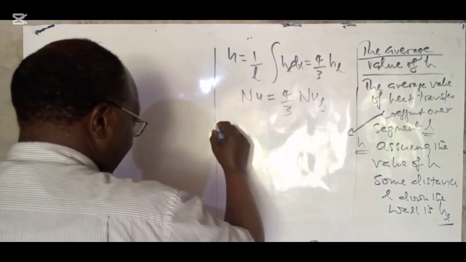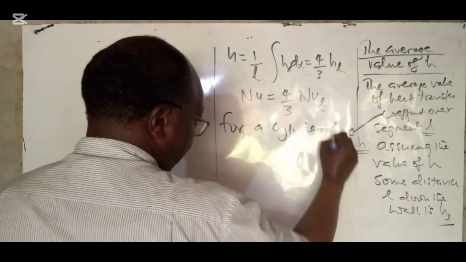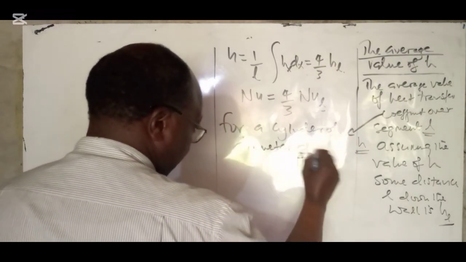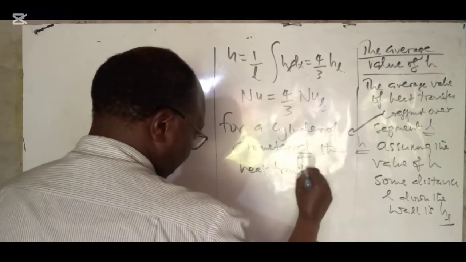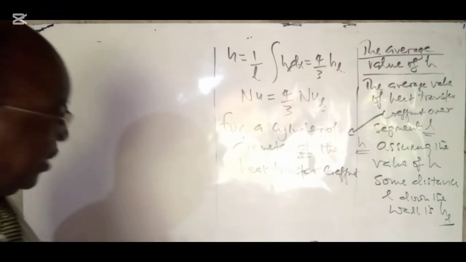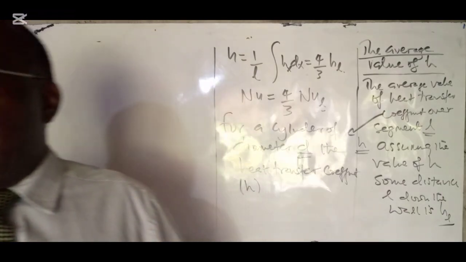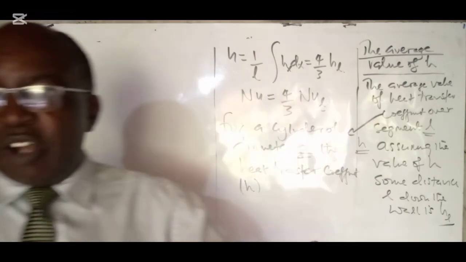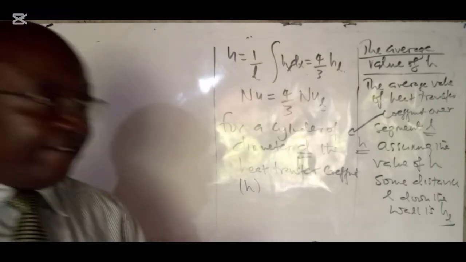So what we are saying is that for a cylinder of diameter D, the heat transfer coefficient h for that particular cylinder will be the same as that of the vertical plate, but multiplied by a factor.